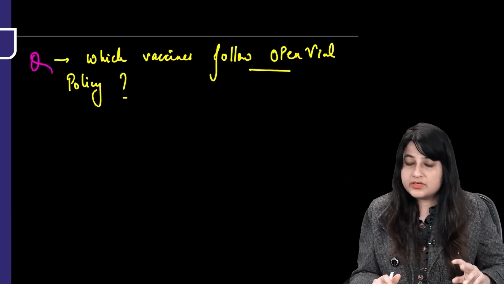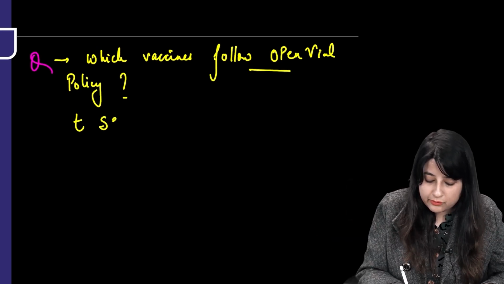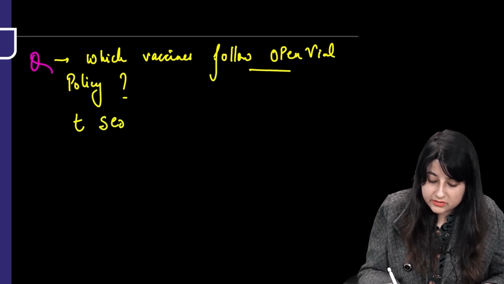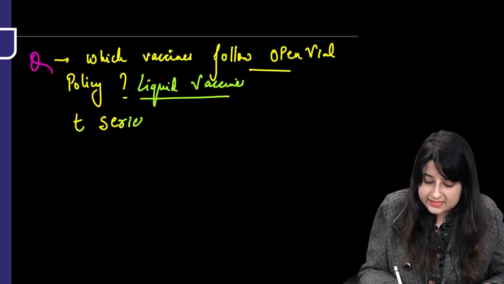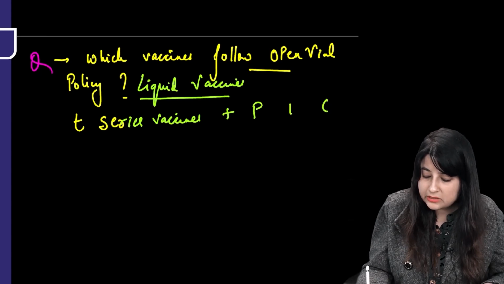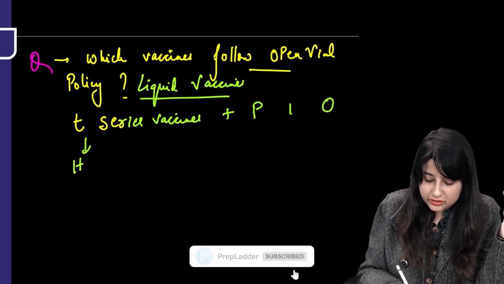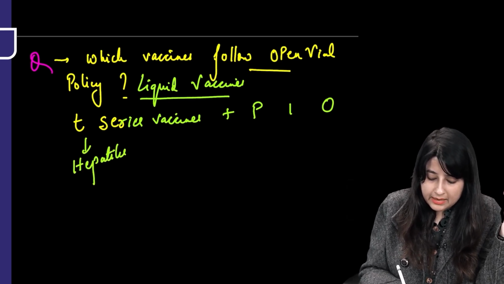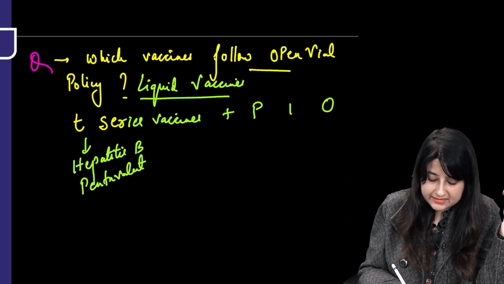So for this, what is your mnemonic? You just have to remember the liquid vaccines. The bigger answer is all the liquid vaccines. And what were the liquid vaccines, guys? The T-series vaccines plus liquid means PO, drink. In the T-series vaccines, I just told you what those are: Hepatitis B, pentavalent, DPT, TD.